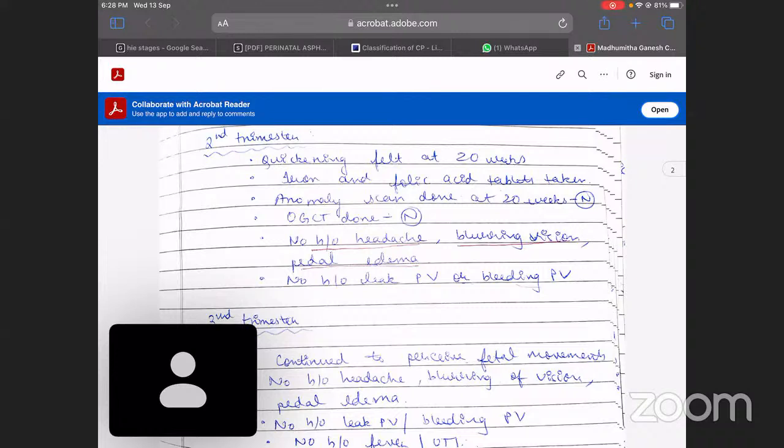So that's the quickening. What is the importance of quickening in a neurodevelopmental case? For example, in HIE, hypoxic ischemic encephalopathy with in utero hypoxia, the quickening can be felt much later.